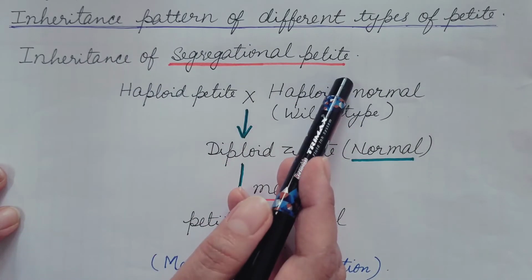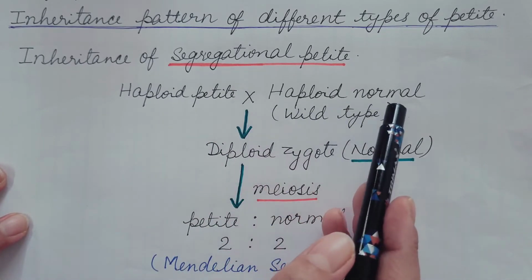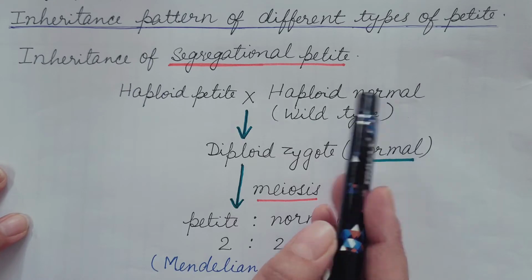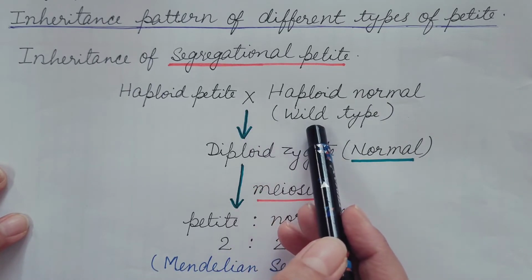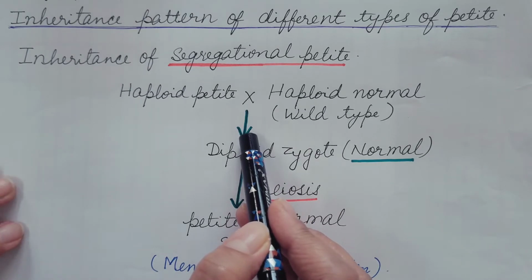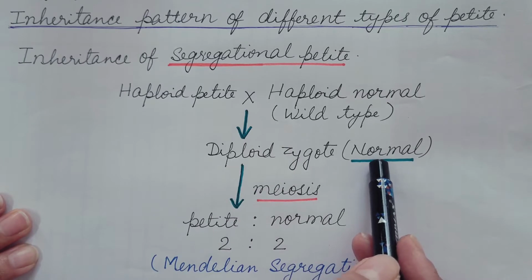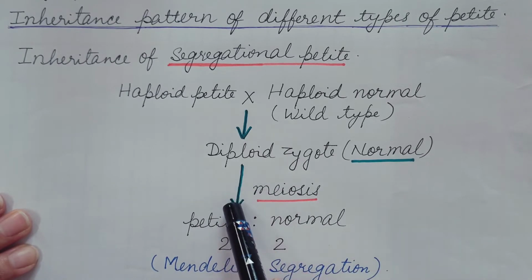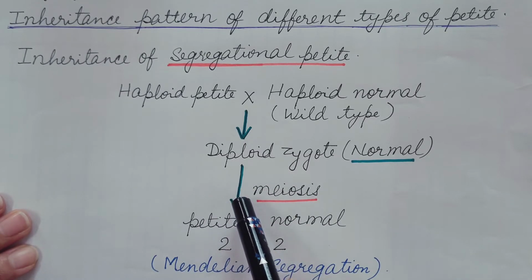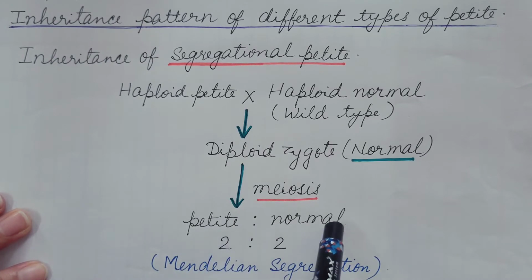Inheritance of segregational petite. Here the petite cell, which is haploid, is crossed with the normal cell, which is wild type or grande. This is also haploid, and when these are crossed, this gives the diploid zygote, which is normal. Then zygotic meiosis takes place, both meiosis 1 and meiosis 2, and we get petite and normal ascospores in the ratio 2:2.